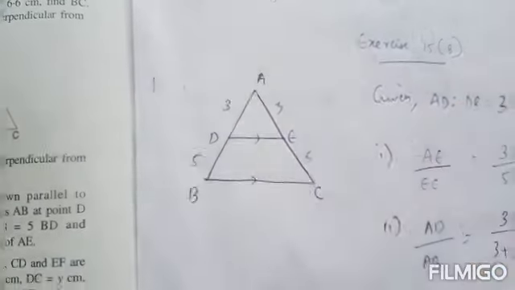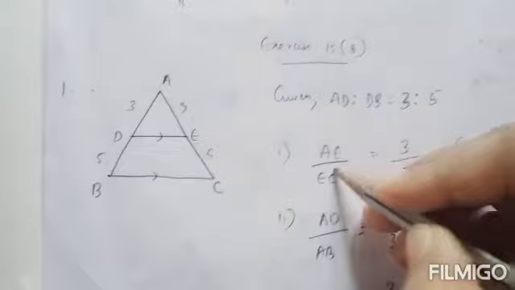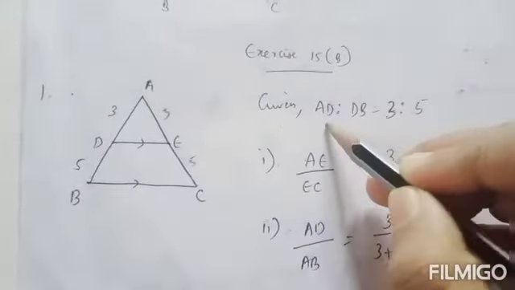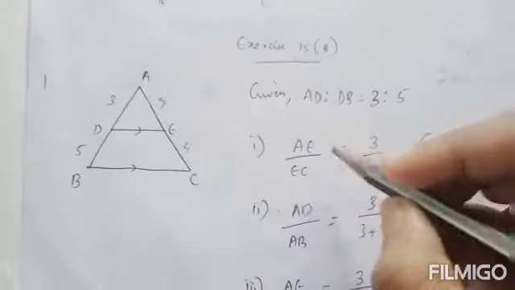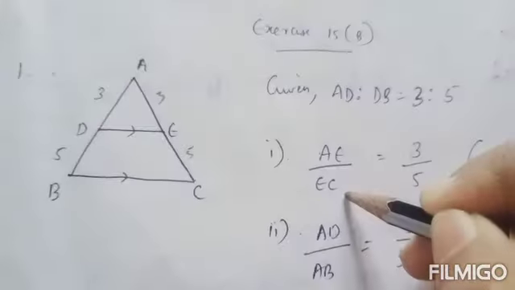Given AD is to DB equal to 3:5, now you need to find AE by EC.